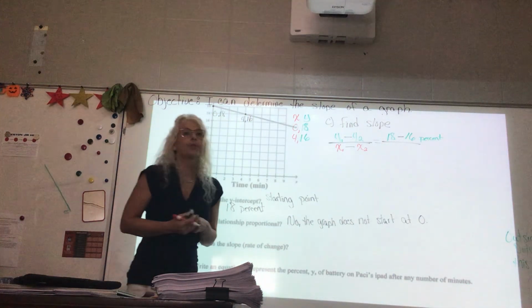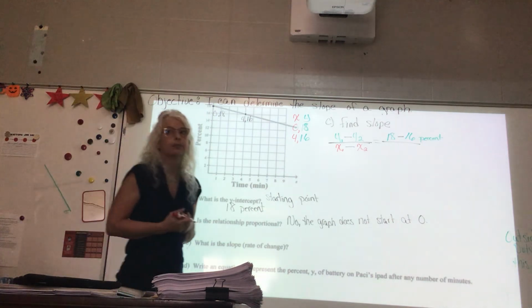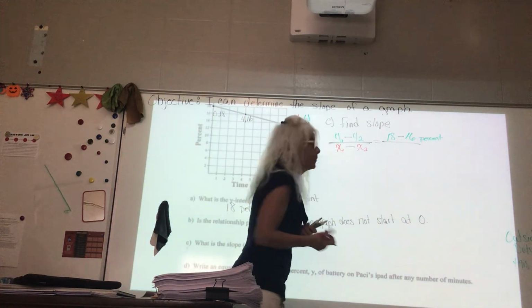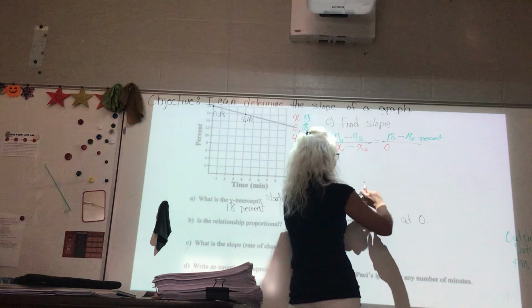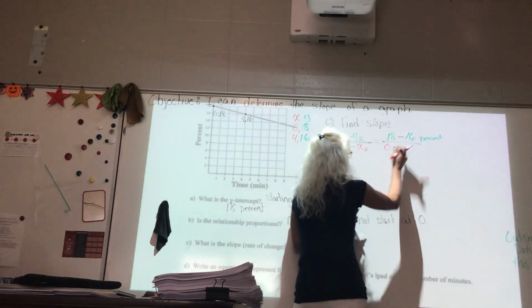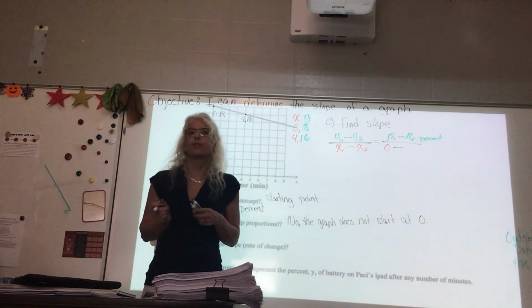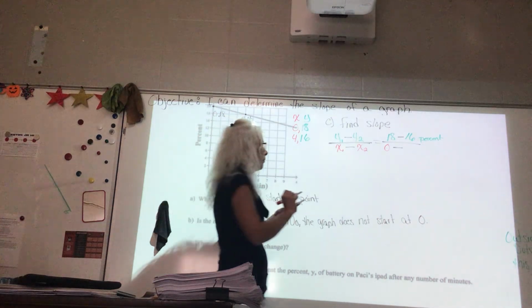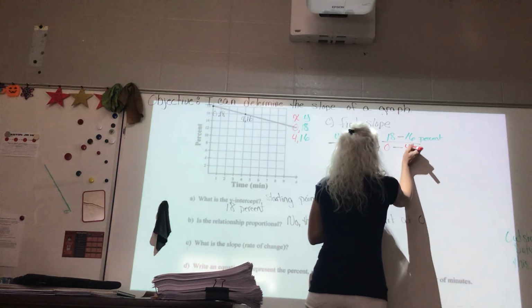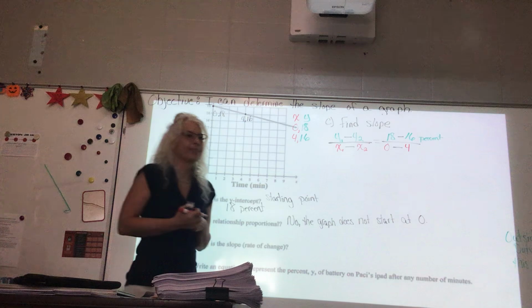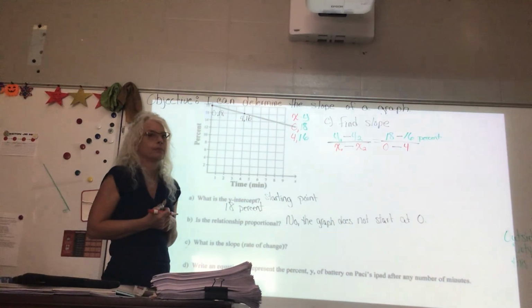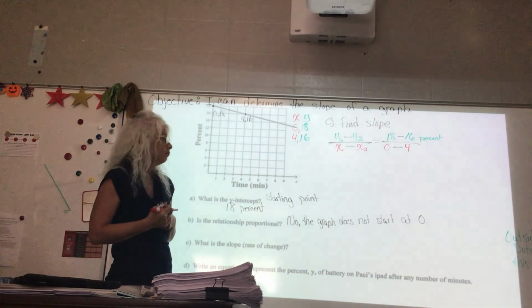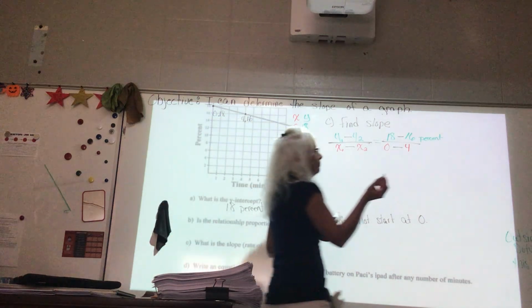What am I going to substitute in for x sub 1? 0. Minus x sub 2, what am I gonna substitute in for that? 4. And what label is on the x-axis? Time. So I'm gonna put minutes.